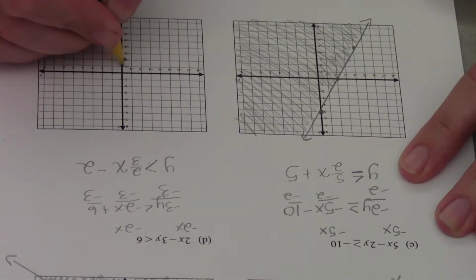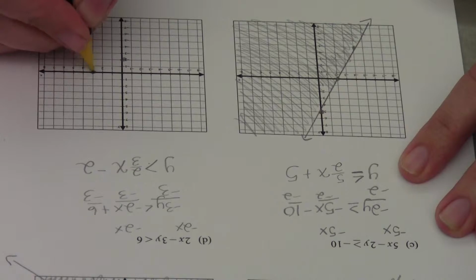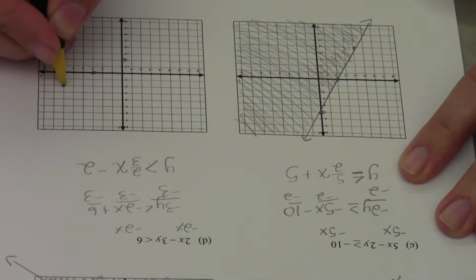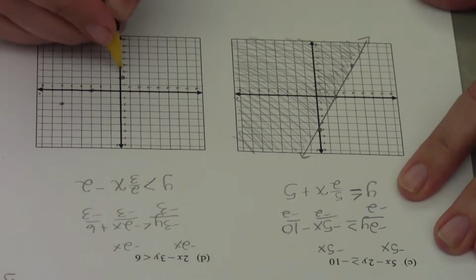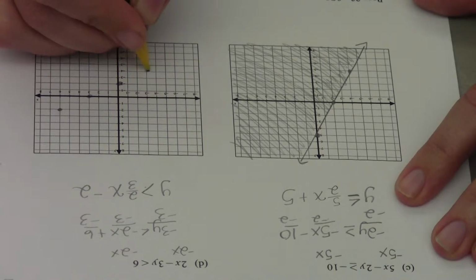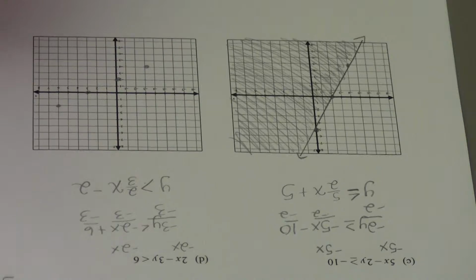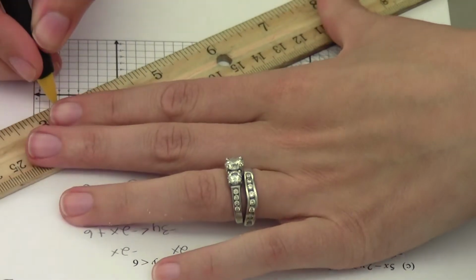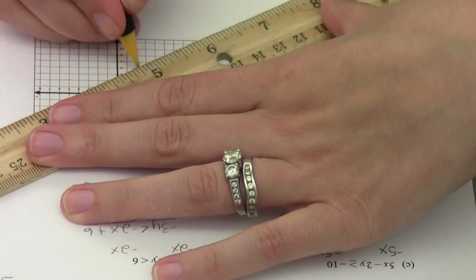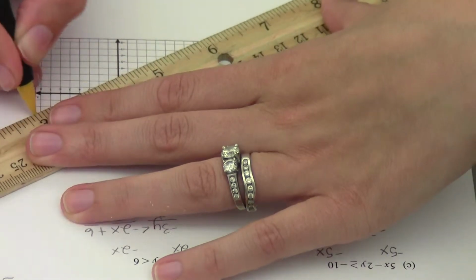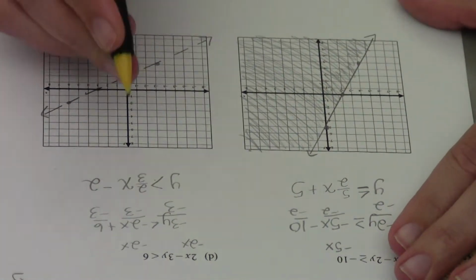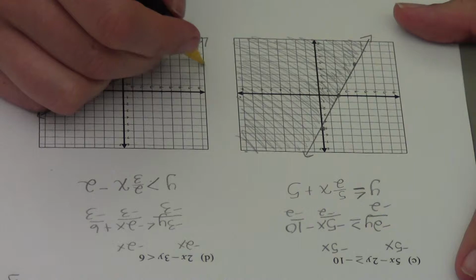Let's start at that y-intercept of negative 2, rise 2, run 3, rise 2, run 3. And a dashed line on this one because there's no or equal to, so using that ruler. And we do want to shade above for greater than.